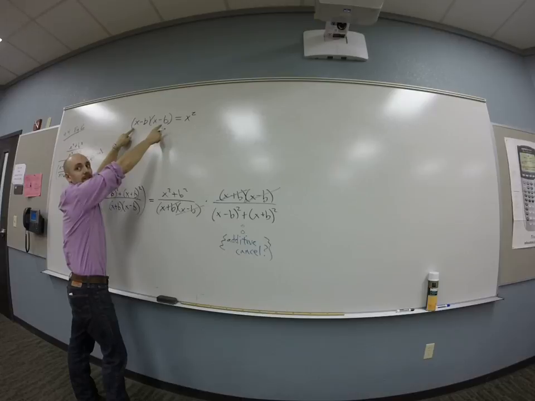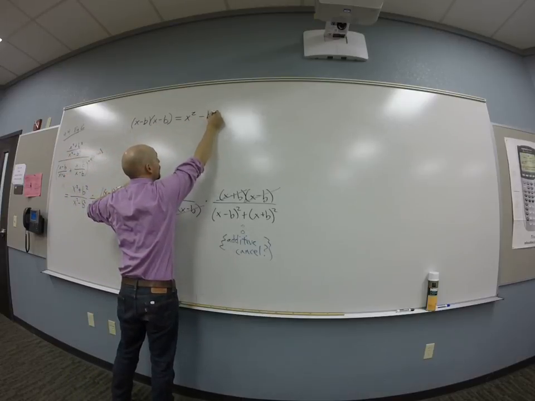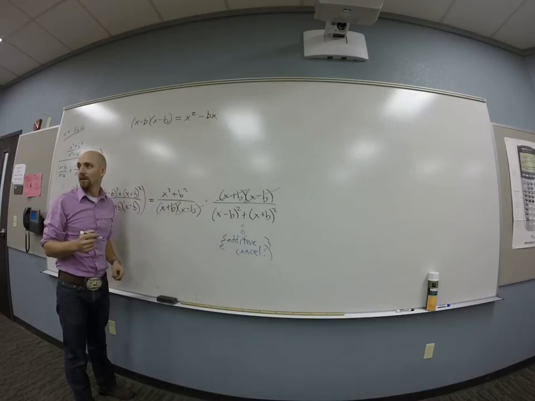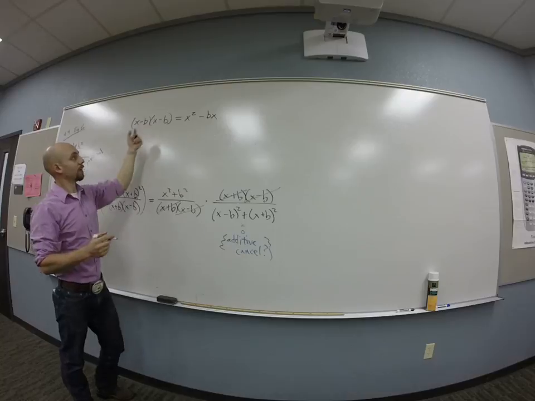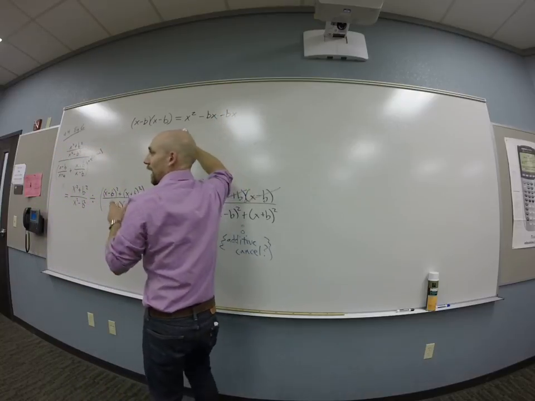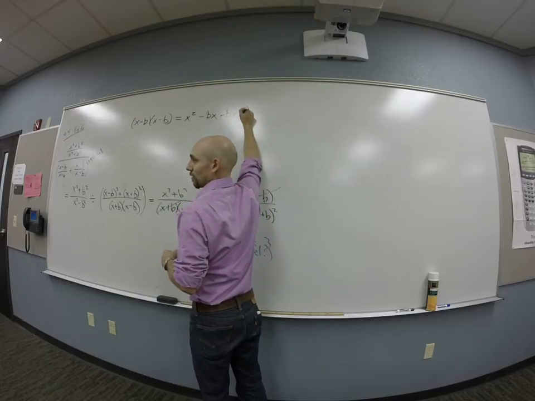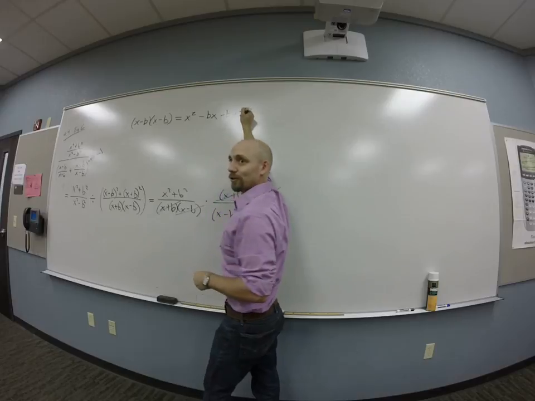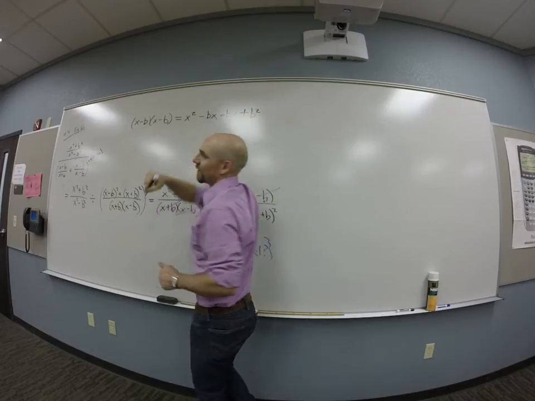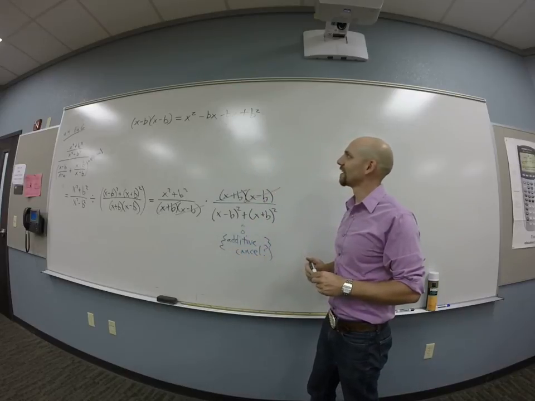So I get a negative bx. Insides, what do I get? Negative bx. Okay, then what do I get out of the last? Positive. Yeah, it's positive. Why is it positive? Because there's two negatives, right?